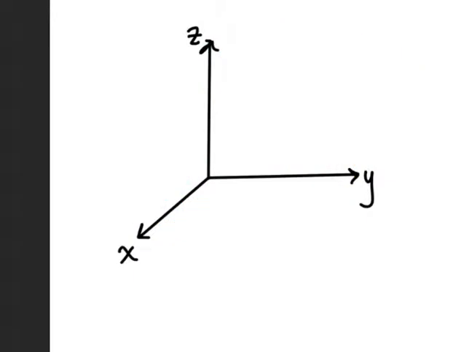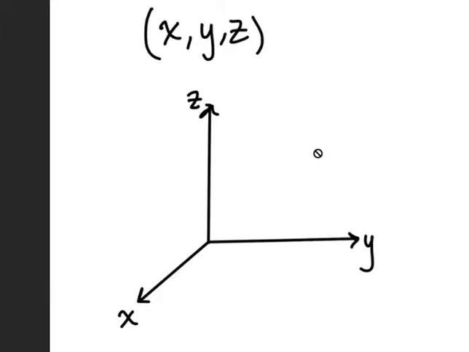So now we can go back to our axes. And remember, this system is x, y, and z. And so say we have a point. It doesn't matter, just any old point. And we have placed a point in this system. So how can we describe this particular point?